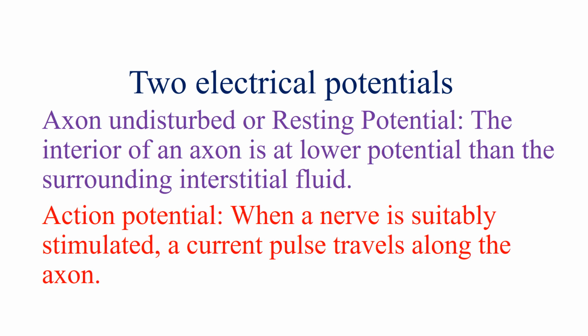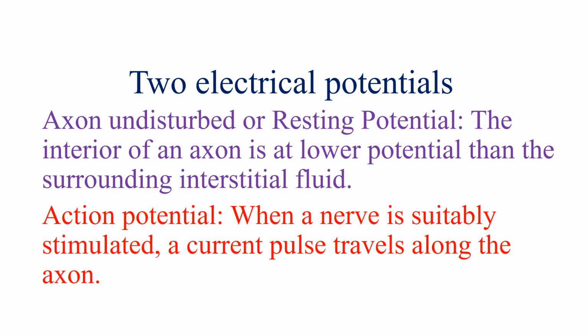For axon, we really need to understand two types of electrical potentials. One is called the resting potential. This occurs when the axon is undisturbed, which means that the axon is not functioning at all, or there is no nerve impulse to stimulate the axon.